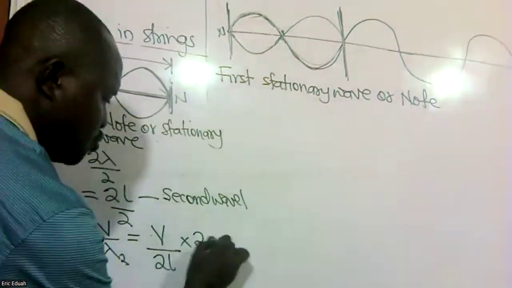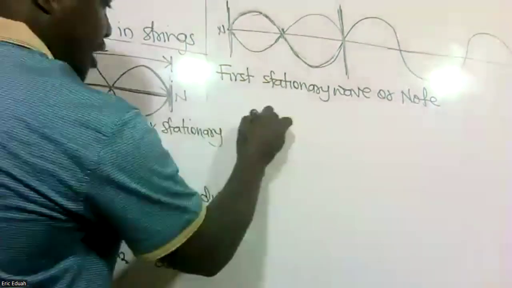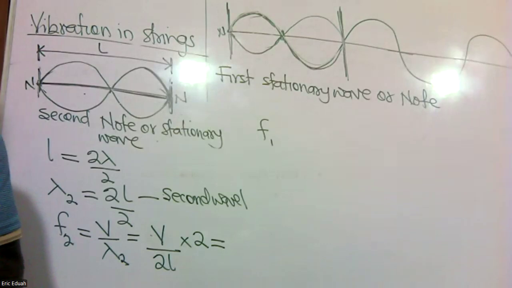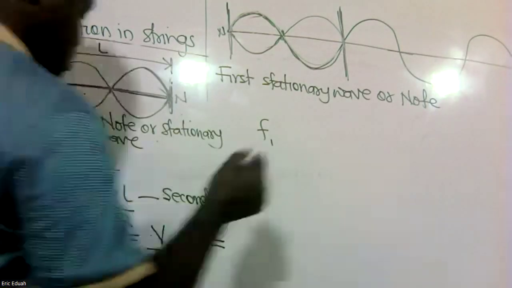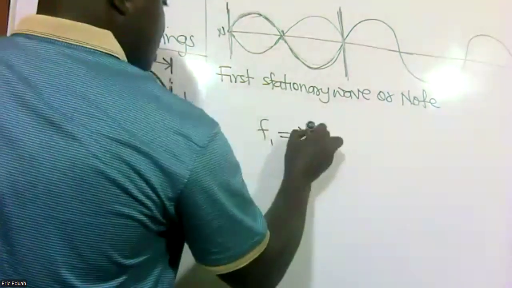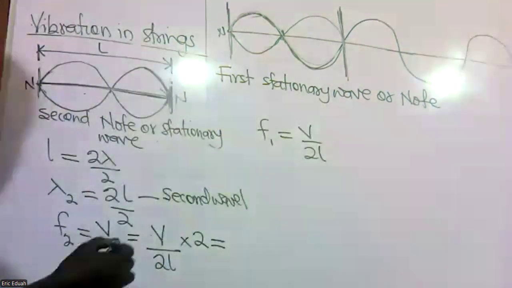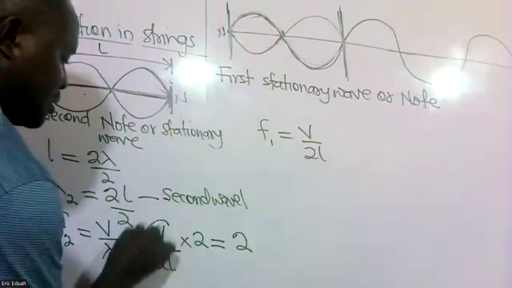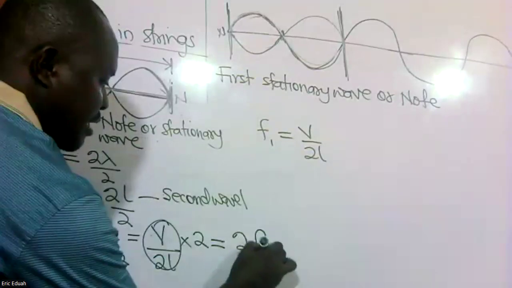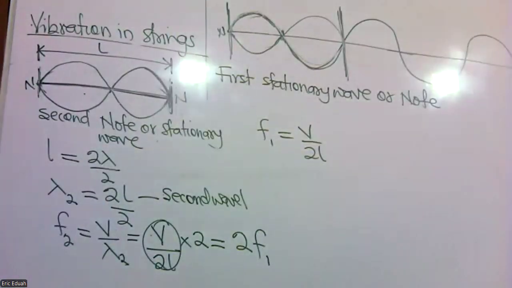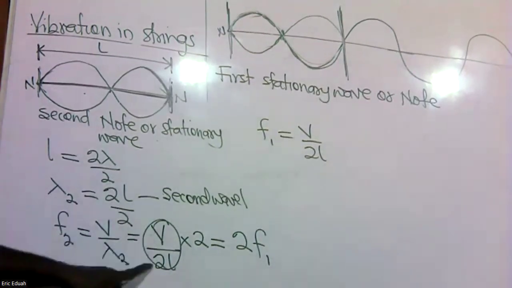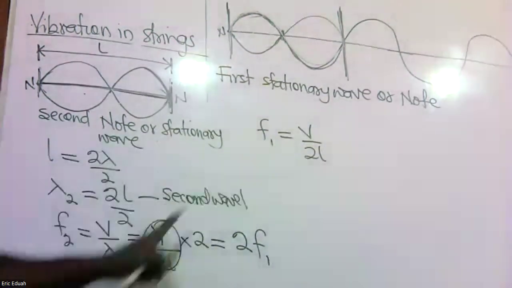Now F2. What did we get for F1? V on 2L. So F2 is also 2 times F1, because this is equal to this.